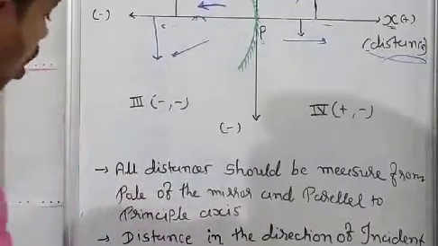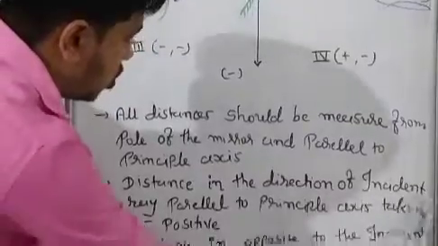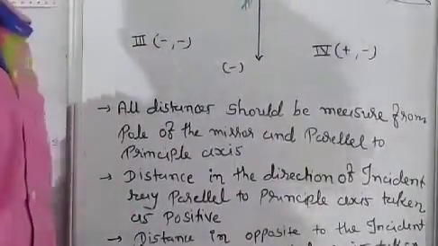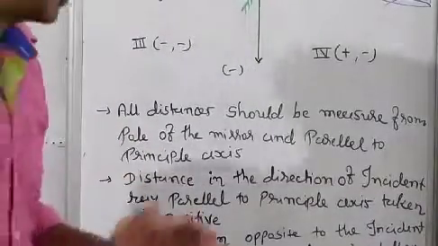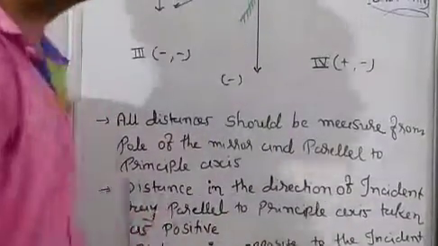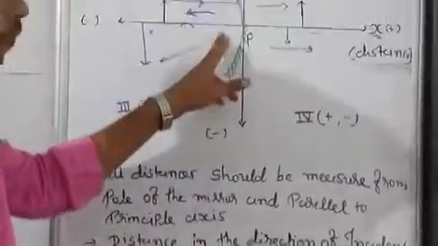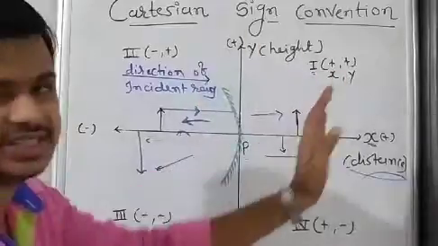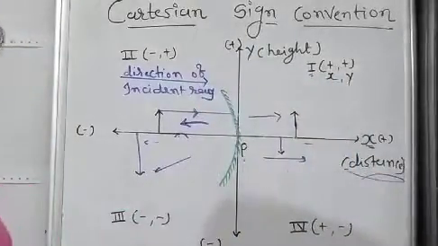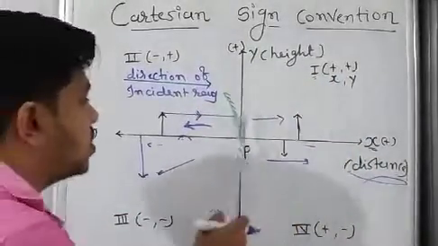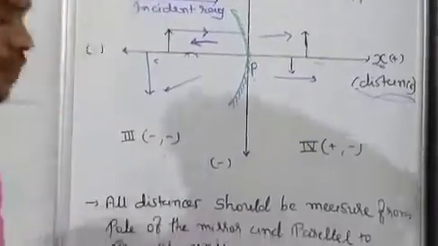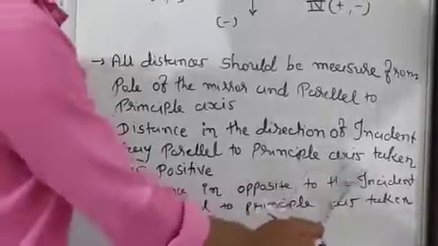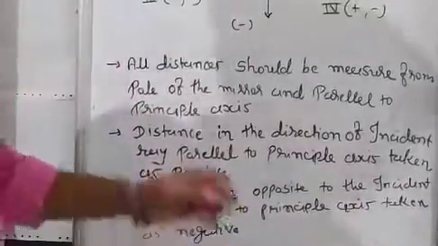The second one: distances in the direction of the incident ray, parallel to the principal axis, are taken as positive. According to this figure, the incident ray is on the right side, so the direction on the right side you have to take as positive.